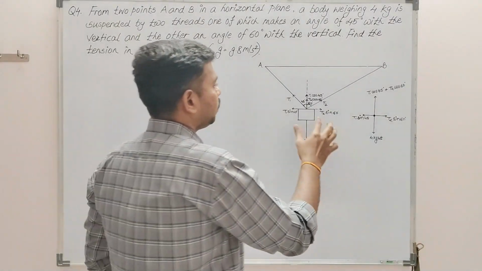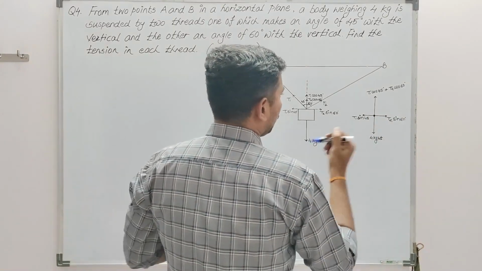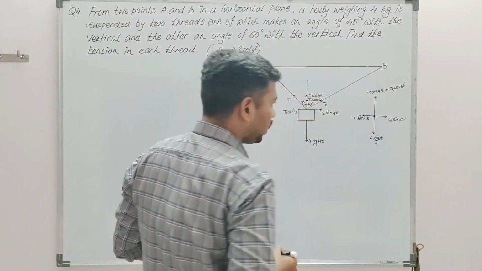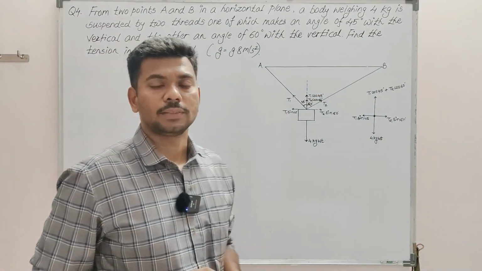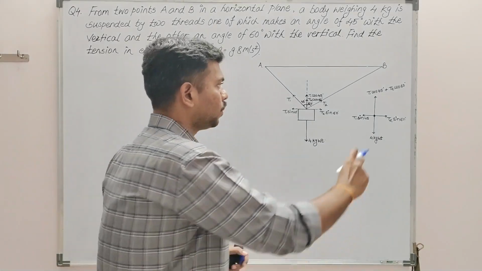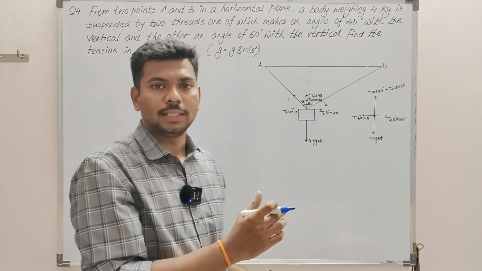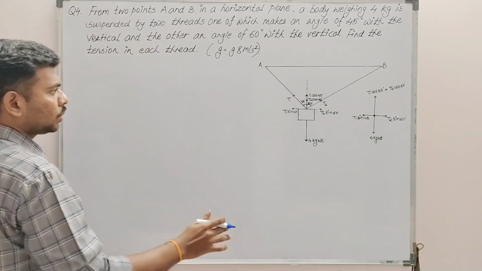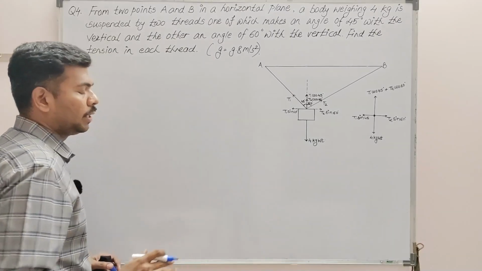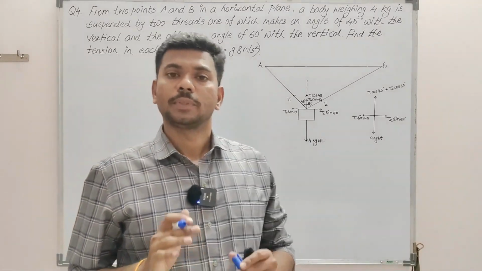In this way, this body, which is a point we are showing here, is actually experiencing zero force. This force is being balanced with this, and this force is being balanced with this. Hence, the net force on the body is zero. It means the system is under equilibrium.